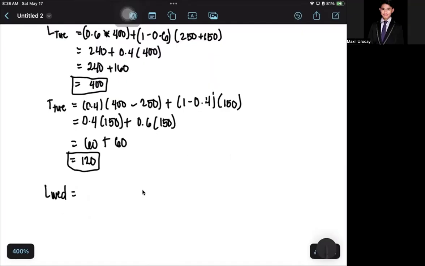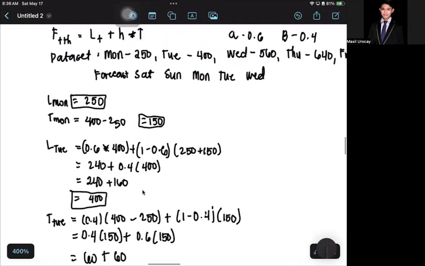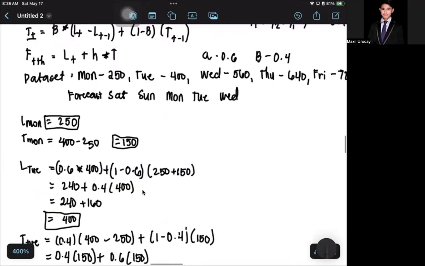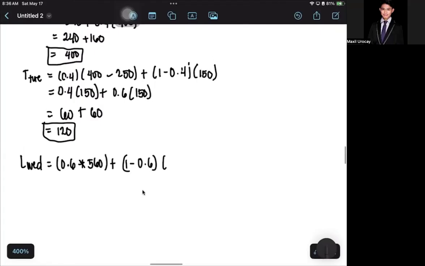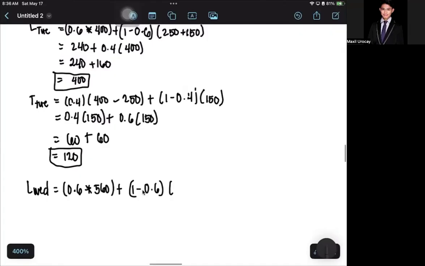So given that your alpha is 0.6 and your x of t of Wednesday is 560, and LT minus 1, the previous level, is 400, plus the previous trend, which is 120.